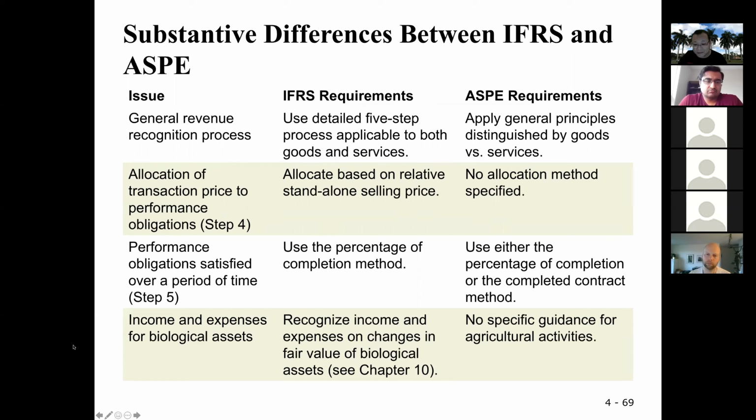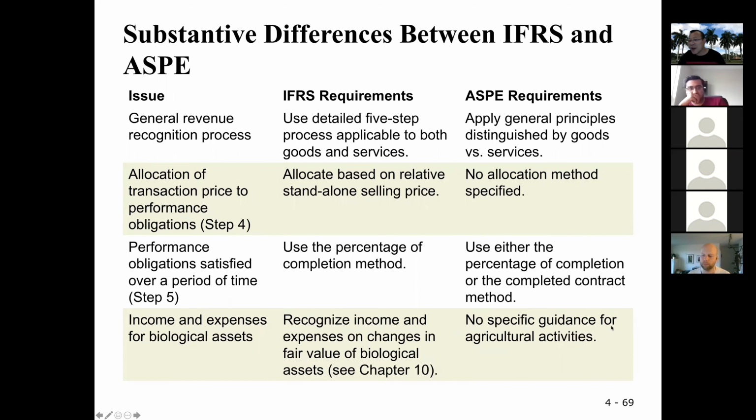So under IFRS, I could recognize income or expenses on the changes in the fair value. If the value of the milk cow goes up, I could recognize the income. Under ASPE, there's no specific guidance for agricultural activities. There's no guidance.